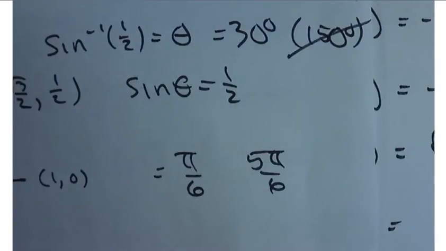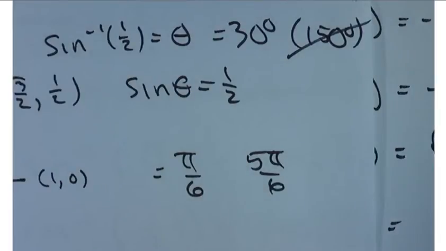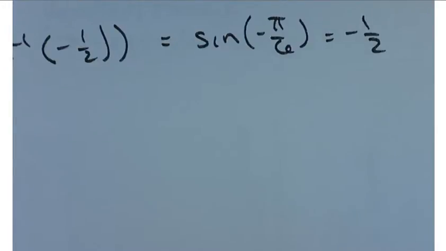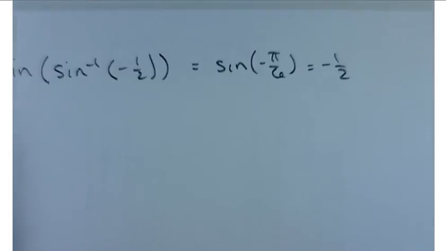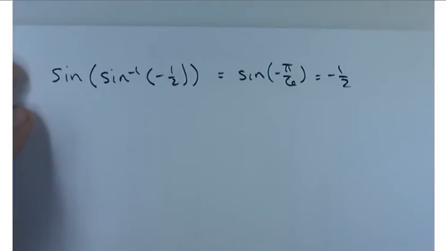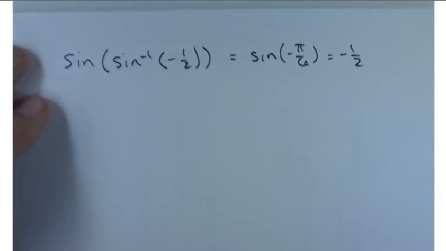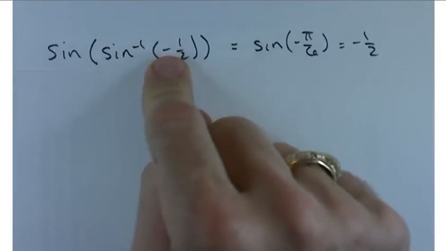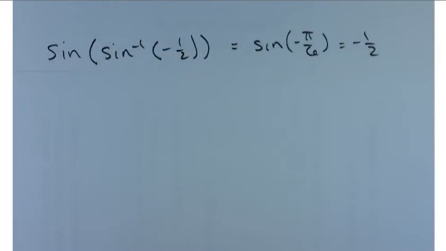Okay, so let's look a little bit closer at this business with domain and range, because there's some interesting things that happen. So in front of you, you have a handout. And let's just verify something by calculation. And for this, it actually doesn't matter if your calculator is in degree mode or radian mode.